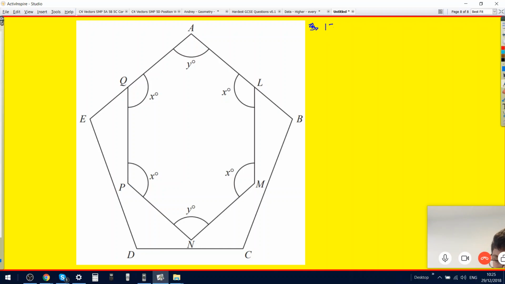So 540 divided by 5 gives us 108. So that angle y is 108. And then we know that both y's are 108. And we have 1, 2, 3, 4, so 4x plus 216 equals 360.